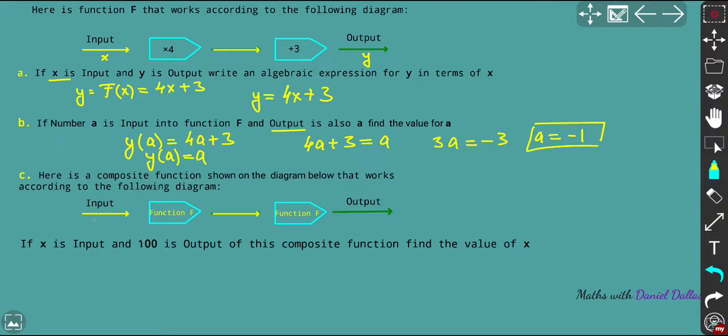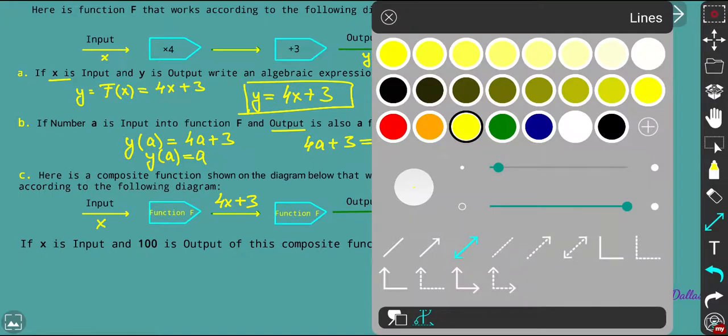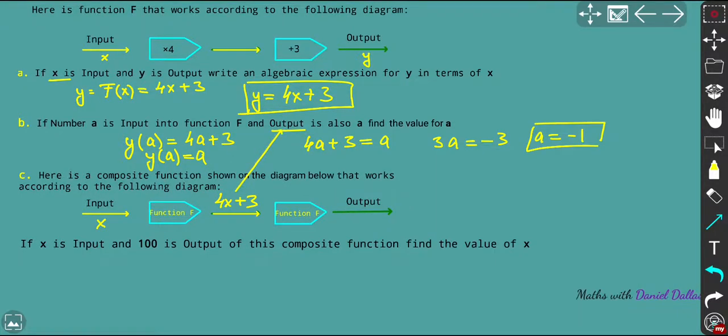All right, so we've got input x. According to how the function works, we already got it in step A. It's 4x plus 3, so that becomes the new input here. And then you need to put this whole expression instead of x, because you already got the algebraic expression for this.